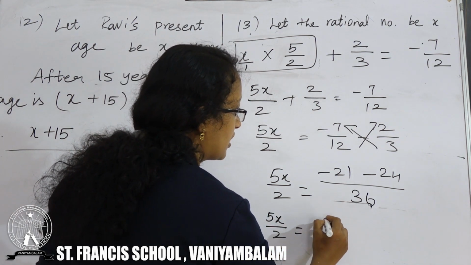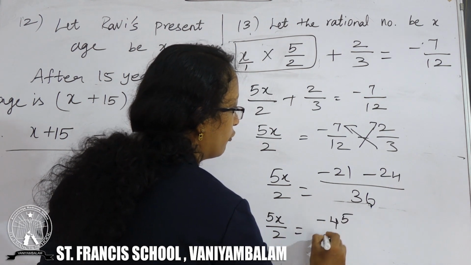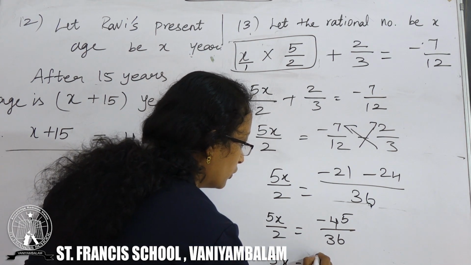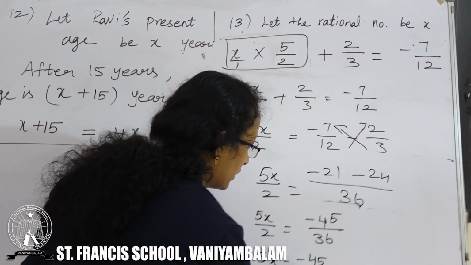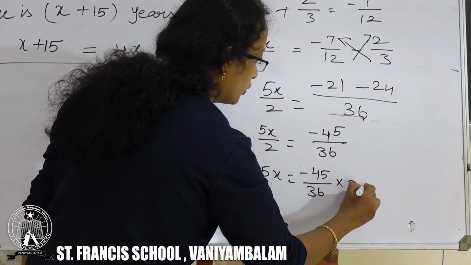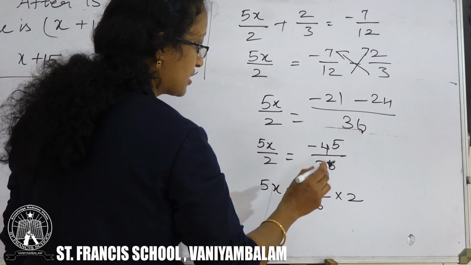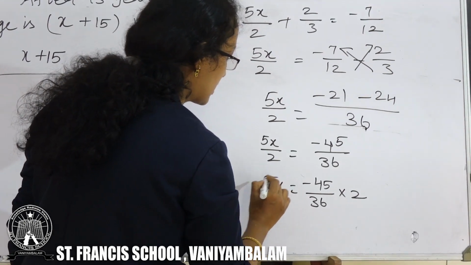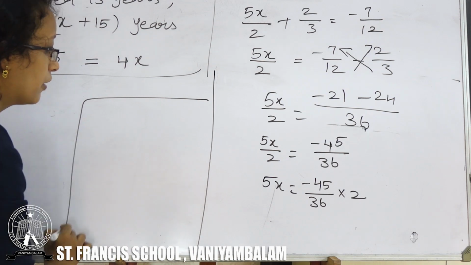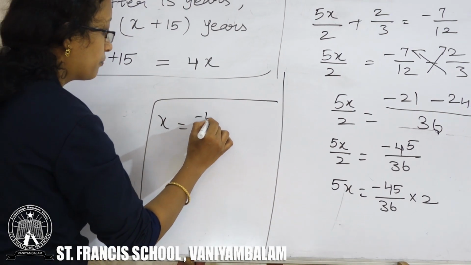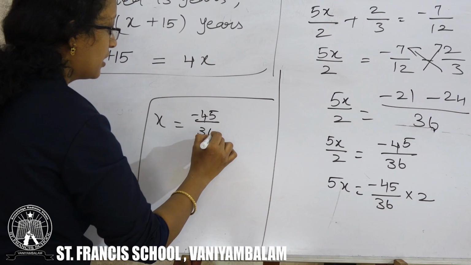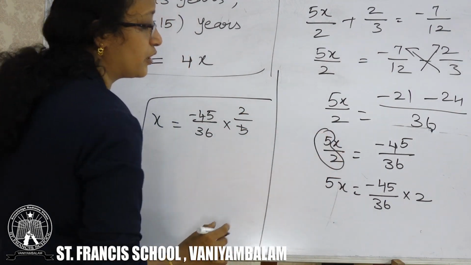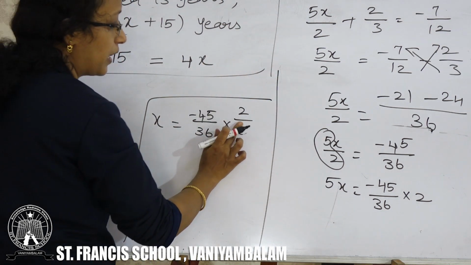By solving this, 5x is equal to minus 45 by 36 into 2. Here 5 is in multiplication, so when it goes to the other side it becomes division. So x is equal to minus 45 by 36 into 2 by 5. This is nothing but the reciprocal: here you have 5 by 2, and when it goes to the other side it becomes 2 by 5.